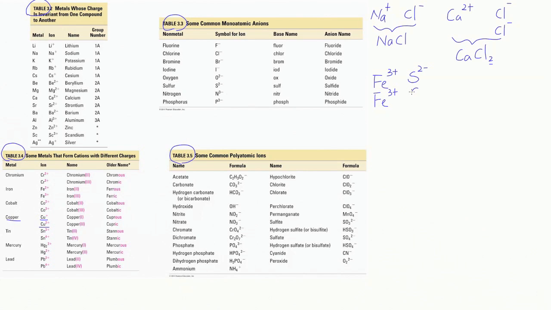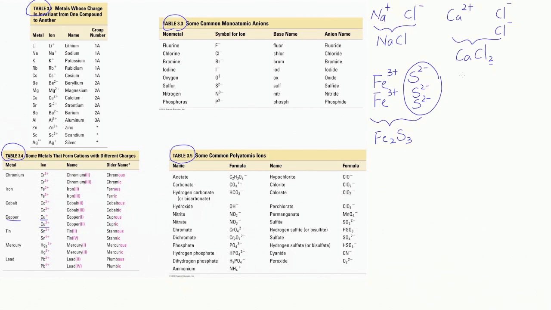Now that means you need total 3 sulfide S2 minus to get 6 negative charges. So in this case, you count the number of the iron and the sulfide separately. You get in iron sulfide, that would be iron 2 and sulfur 3. And this is the formula of iron sulfide.